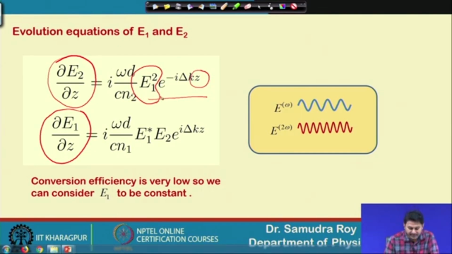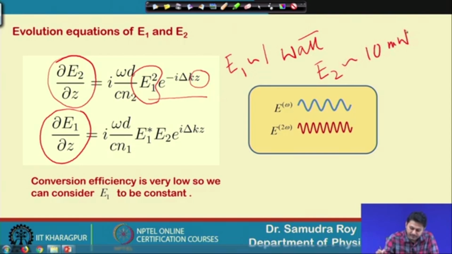But if we say that the efficiency is very low, that means if I launch a fundamental wave of the order of say 1 watt, so this is E1 of the order of 1 watt say, and the amount of second harmonic we generate is of the order of say 10 milliwatt, then E2 is very much less than E1.